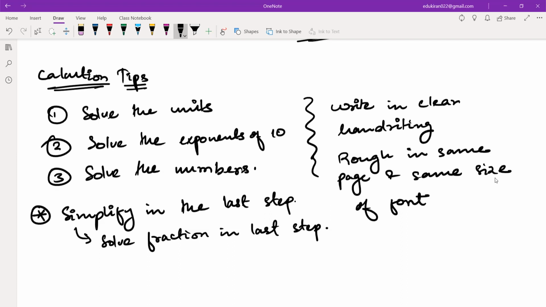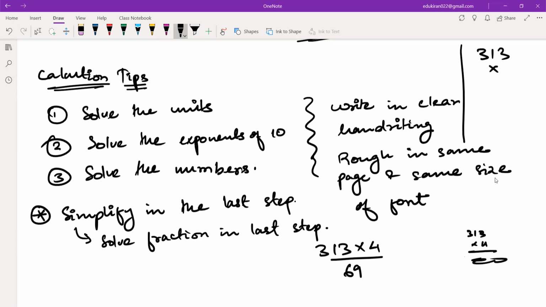Whatever handwriting you are using, if you are calculating, as in 313 into 4 is equal to, you calculate like this. If you're writing 313 into 4 by 69 somewhere, then when you are doing any rough work, you just make a column like this, and solve it like this, 313 into 4, whatever the answer you get, 69 divided by 207 or something like this. Okay, so please remember these steps in calculation. These are not going to give you the correct answer, but they are going to minimize the errors.